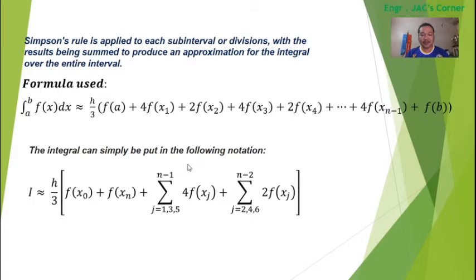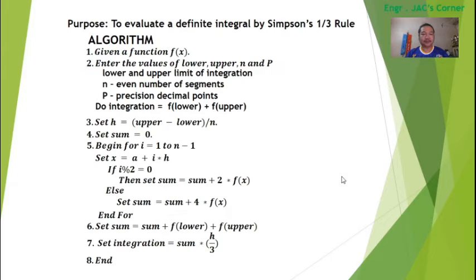N is even, so n minus 1 will be odd. Plus the summation of 2 times all the functions of x with even integers 2, 4, 6. This is the final form that we will be using to create the program for Simpson's one-third rule.